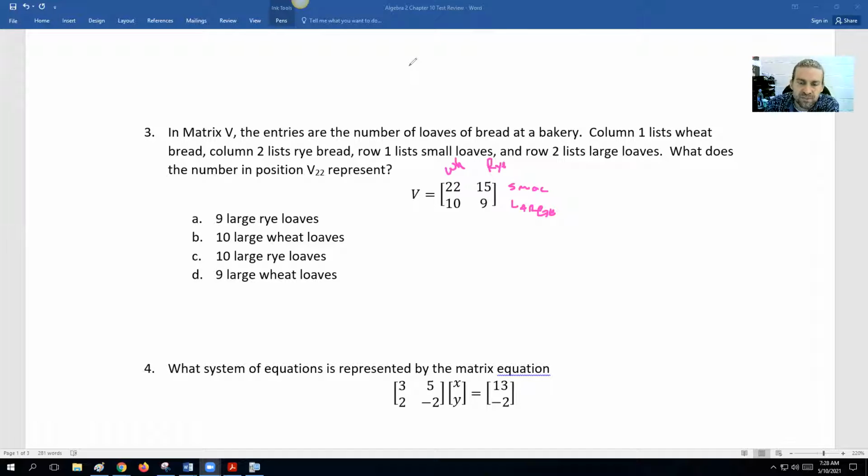What does the number in position 2, 2, so that's row 2, column 2, represent? I guess if you didn't know, you would have gotten pretty lucky here with 2, 2. It's going to be 9. That's 9 rye large, so 9 large rye loaves.